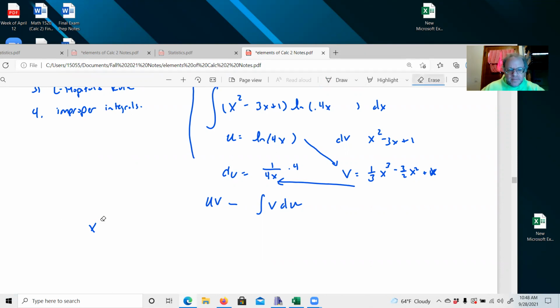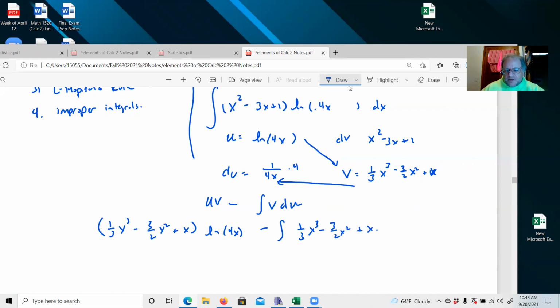I usually try to write the polynomial first, so 1/3 x cubed minus 3/2 x squared plus x, times the natural log of 4x, minus the integral of v, 1/3 x cubed minus 3/2 x squared plus x, times 1 over 4x.